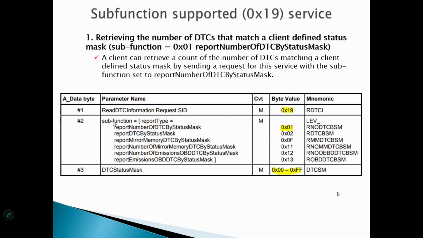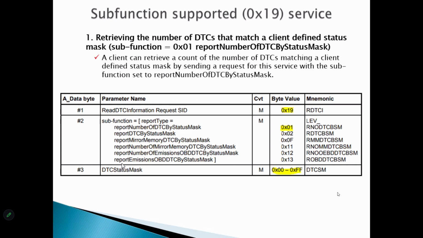The second byte will be the sub function. So which sub function are we going to send? Here we are using 0x01, report number of DTC by status mask. The third byte is the DTC status mask. Whichever mask the client wants to consider will be sent. This can be from 00 to FF.